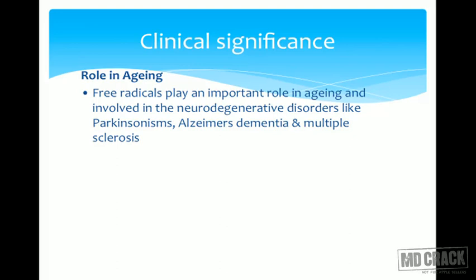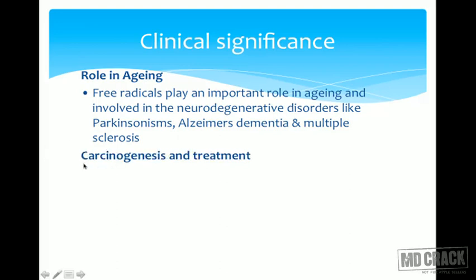So in many of these diseases, they give antioxidants, or fruits and vegetables rich in beta carotene, vitamin C, etc. That is the reason why we have to take all these fruits and vegetables, to increase the antioxidant levels within our body.